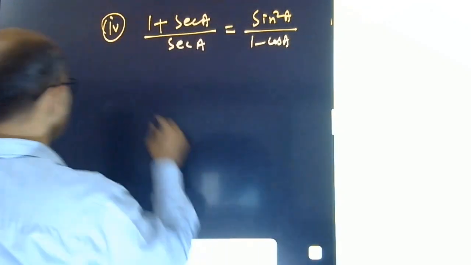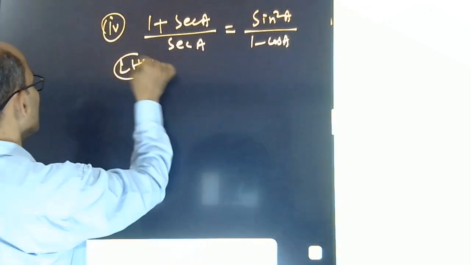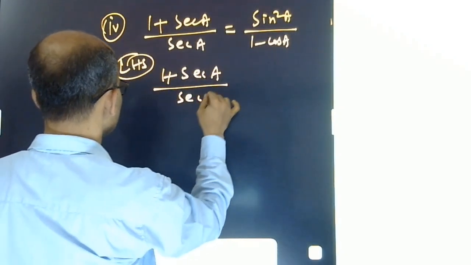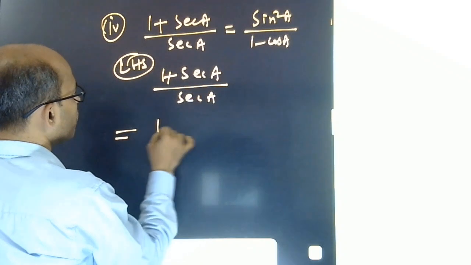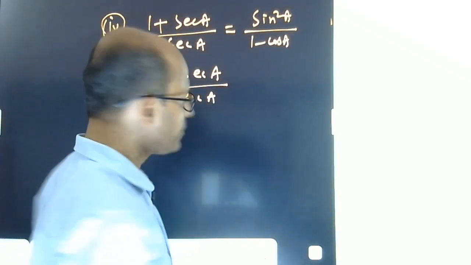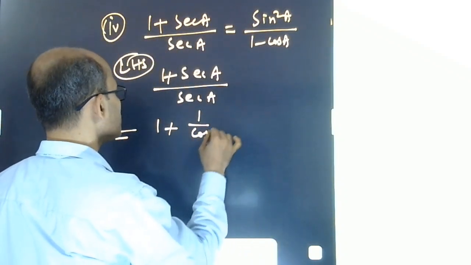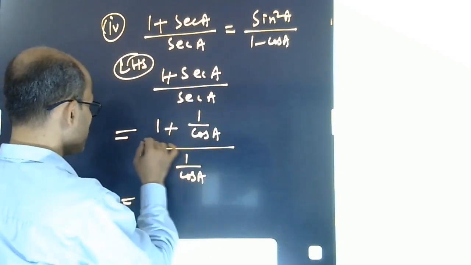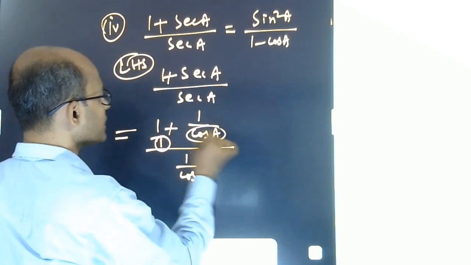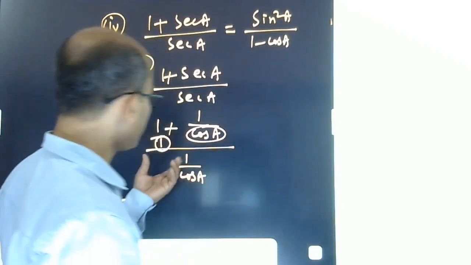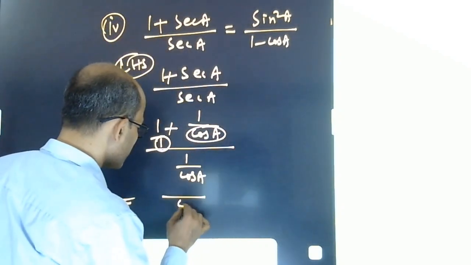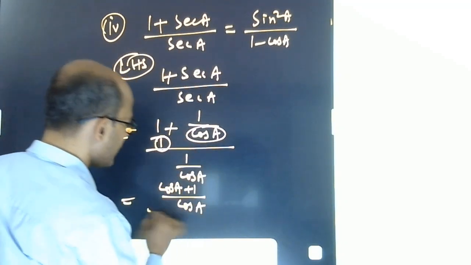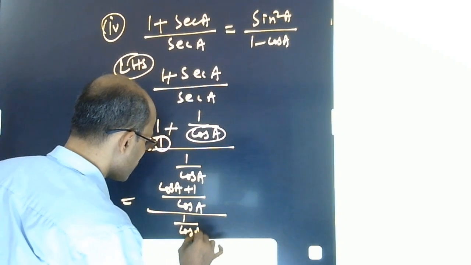Okay, let's see. If you are going to write LHS, what will be the value of LHS? 1 plus sec A divided by sec A. And you can write sec A as how much? 1 upon cos A, and this will become 1 upon cos A. Again, we are required to take the LCM of 1 and cos A. This will become cos A, and cos A plus 1 divided by 1 by cos A. Cos A will get cancelled.